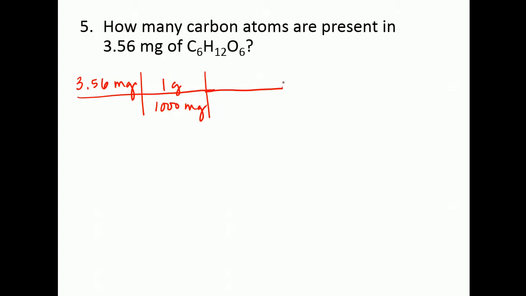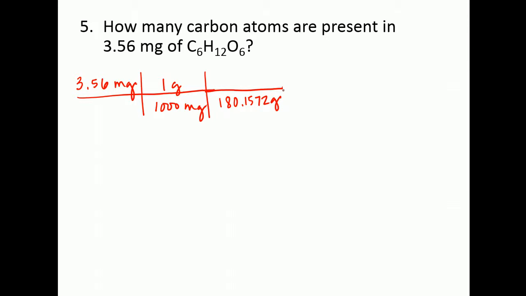Then from there, we can cancel out our grams by adding up the molar mass of glucose. 6 times 12.011 plus 12 times 1.079 plus 6 times 15.9994, and you should get a molar mass of 180.1572 grams.